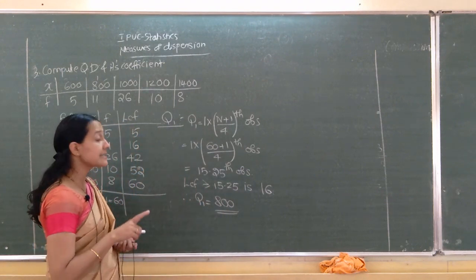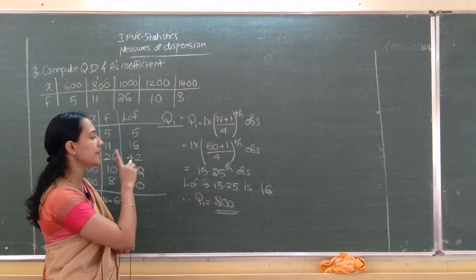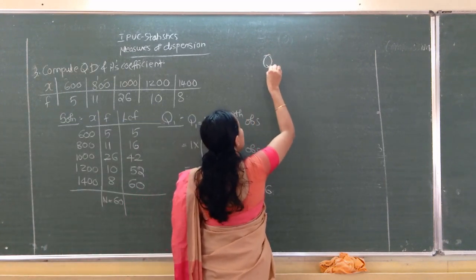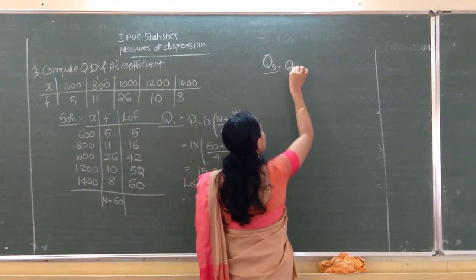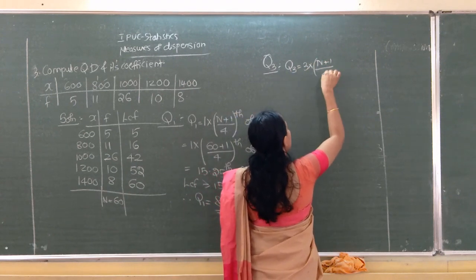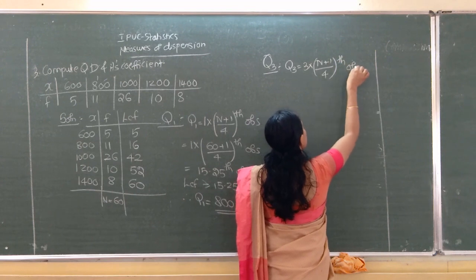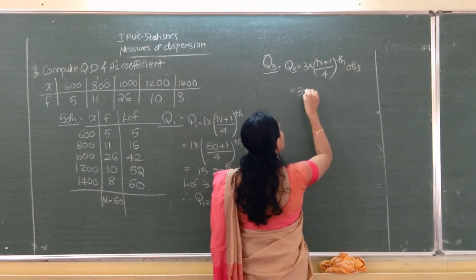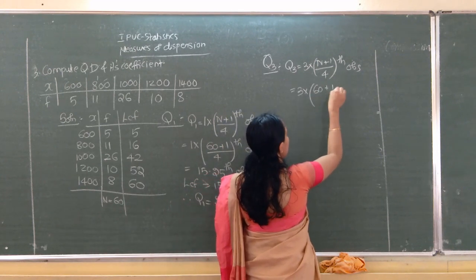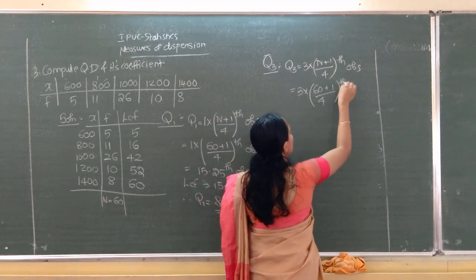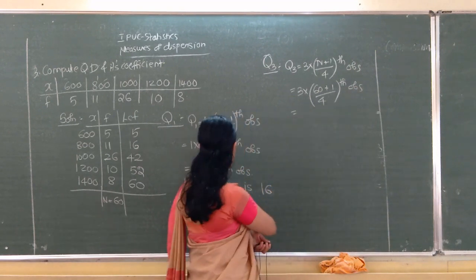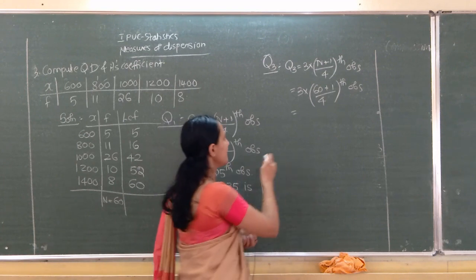Correct na? Next Q3. Q1 we got this value, then go to Q3. Q3 equal to 3 into n plus 1 by 4th observation. That is 3 into capital N, which is 60, plus 1 divided by 4th observation. 61 divided by 4 we got 15.25.